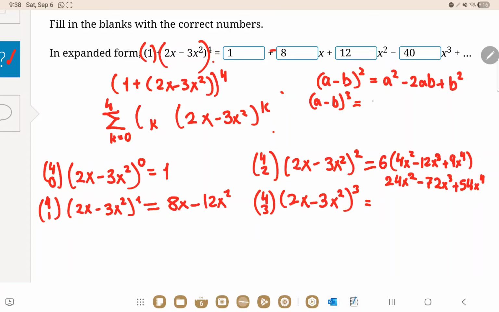This is equal to a cubed minus 3a squared b plus 3ab squared minus b cubed.